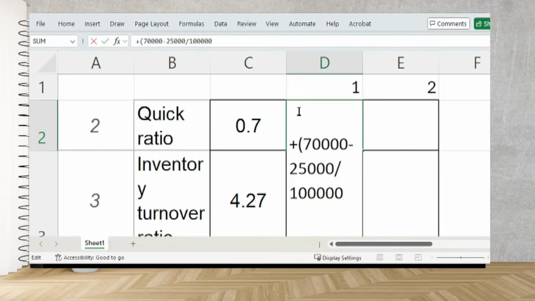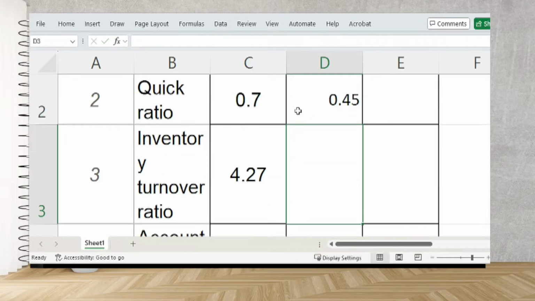Because debtors reduced by 200,000, but cash increased by 175,000. So the net impact is a reduction of 25,000 in current asset. So that would be the next ratio.